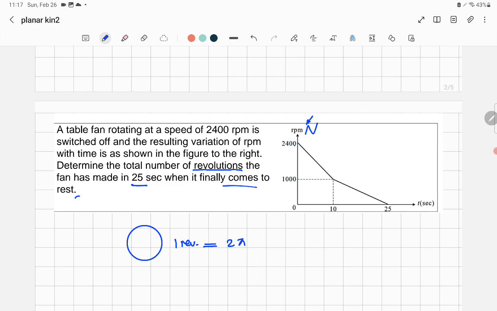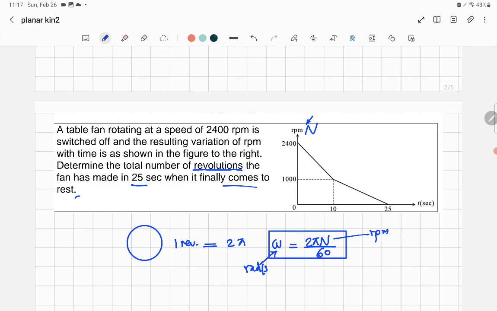Per minute, divided by time, gives you speed. So you multiply 2 pi by N to get the angle, and divide by time; because this is per minute and you want per second, you divide by 60, since 1 minute equals 60 seconds. That gives you the angular velocity. That's how you turn revolutions per minute into radians per second.